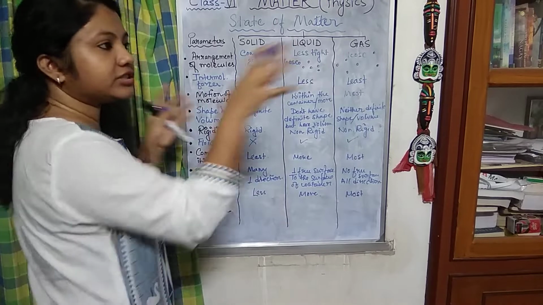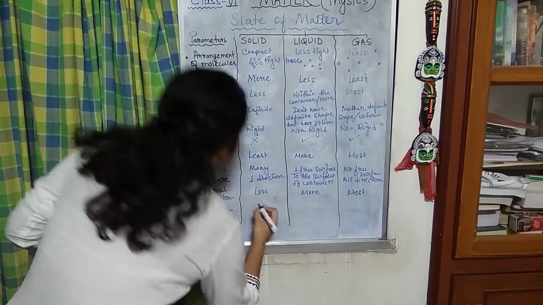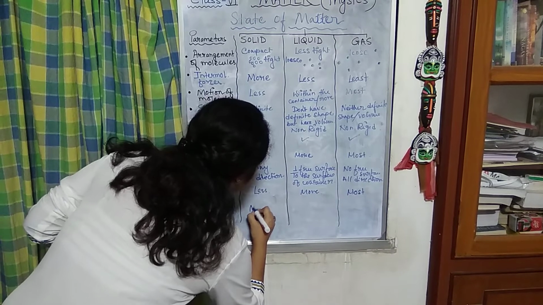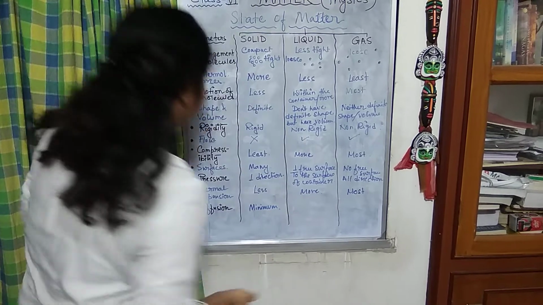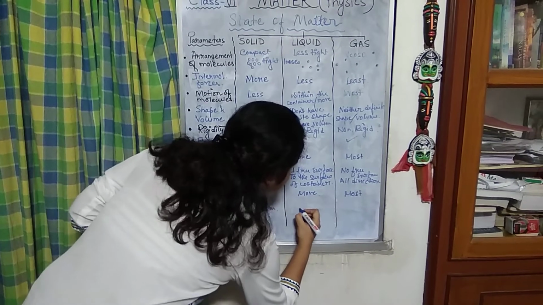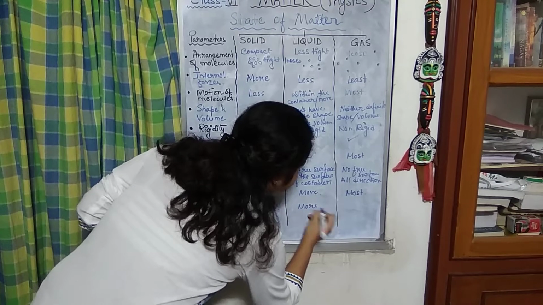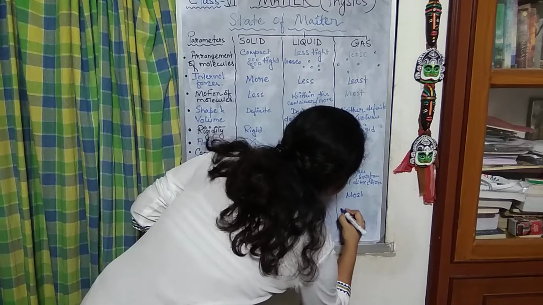In case of solid, the molecules are not diffusing in different directions on their own. So this is minimum. In case of liquid, the diffusion is more, while in case of gas, it is maximum.